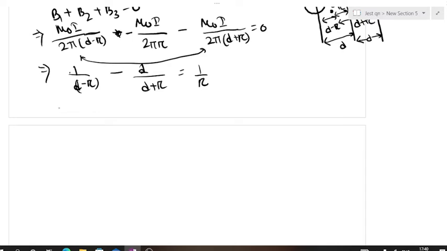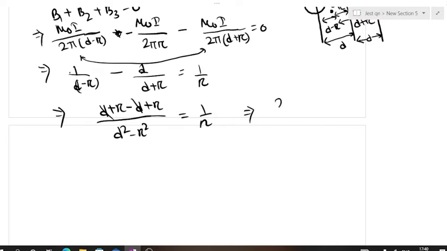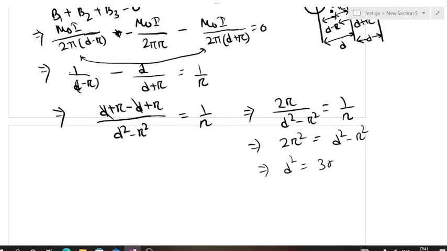So this will be (D plus R minus D plus R) over (D square minus R square) equal to 1 by R, and D gets cancelled and remains 2R divided by D square minus R square is equal to 1 by R. So this will be 2R square is equal to D square minus R square, that implies D square is equal to 3R square.